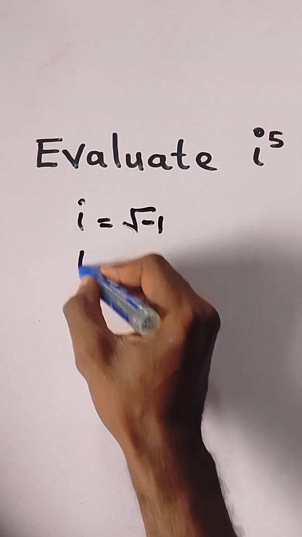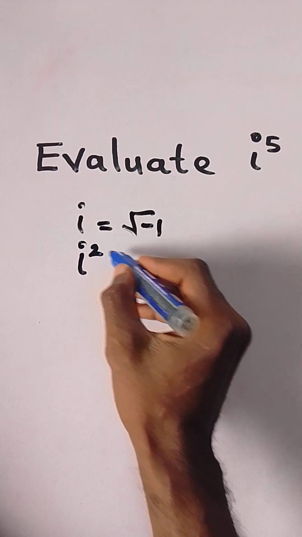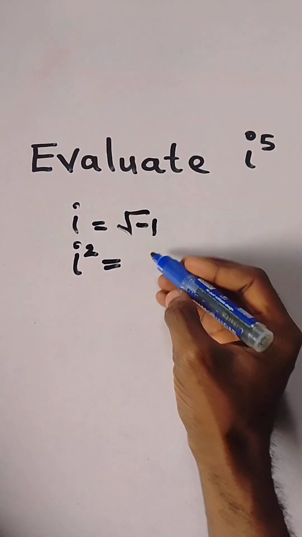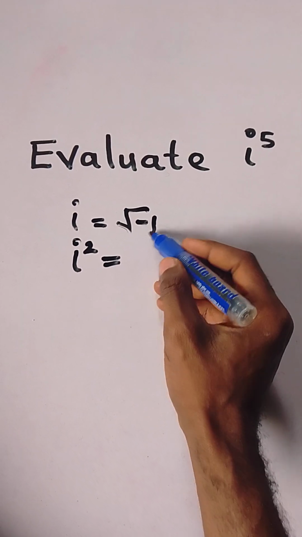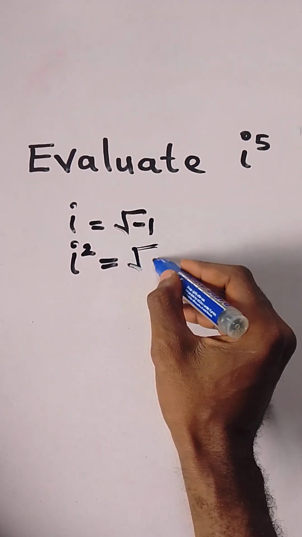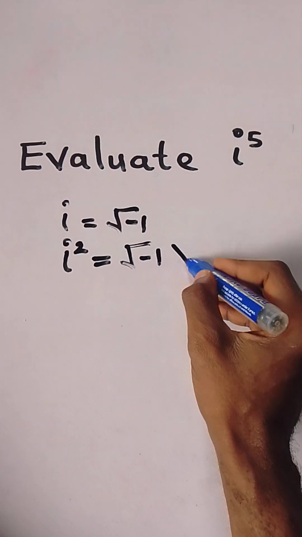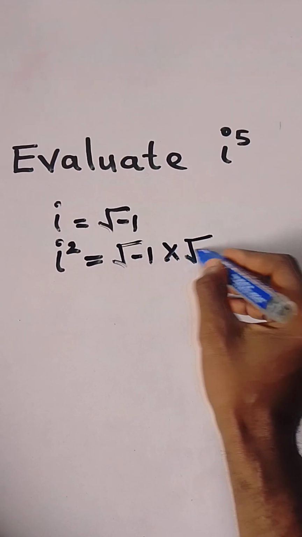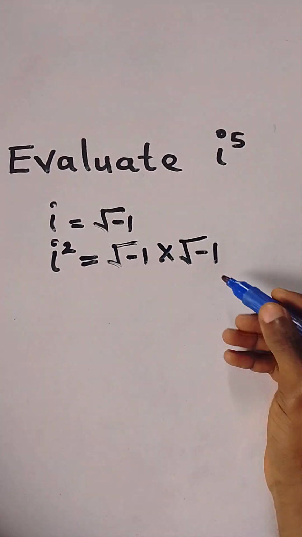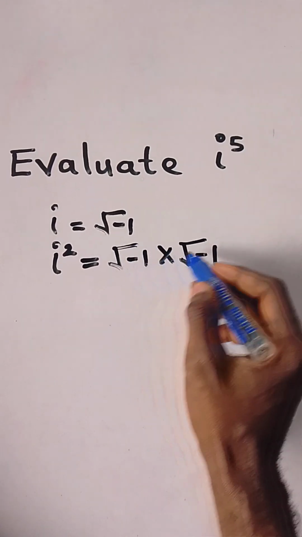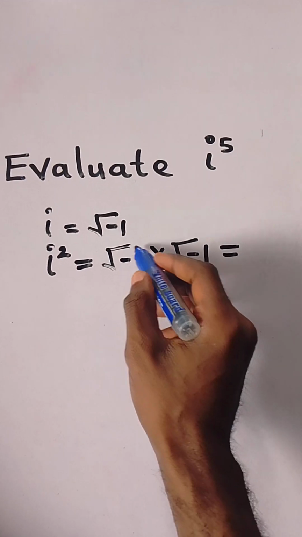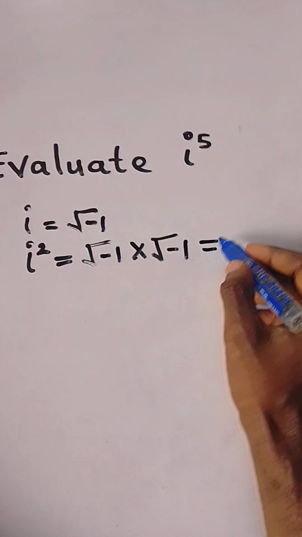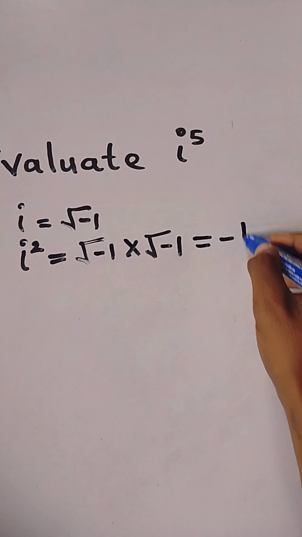Then i squared, if i is equal to the square root of -1, is going to be the square root of -1 times the square root of -1. Now, when you multiply two identical roots, you get the number under the root. So the square root of -1 times the square root of -1 will give us -1.